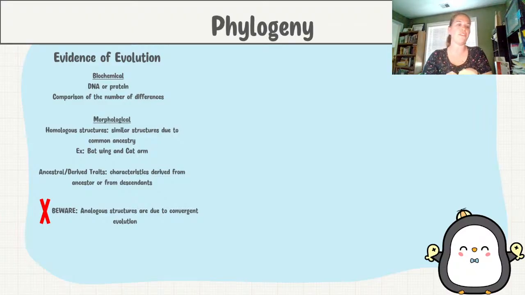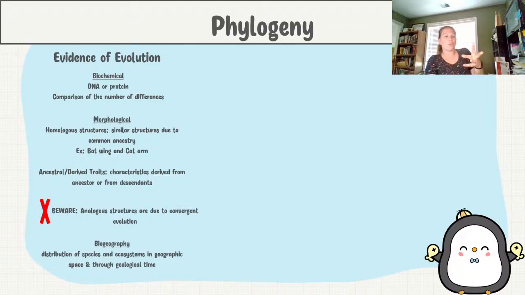So just be very careful of analogous structures. Like, I don't know, a butterfly wing and a bat wing. Although they both fly, they're not the same. One of them has bones in it, one of them does not. One's an exoskeleton. A big example we use is the sugar glider versus the flying squirrel. One's a marsupial, one's a placental, so they're really not related to each other.